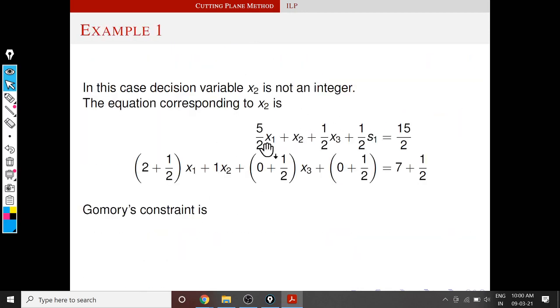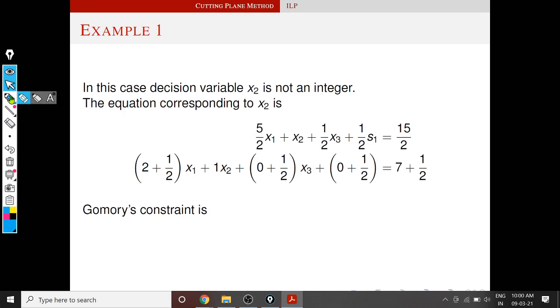Then we have to split in such a way that it is an integer plus a fraction. So this becomes 2 plus 1 by 2. This is 1 plus 0, no change. This is 0 plus 1 by 2, and this is 0 plus 1 by 2, equal to 7 plus 1 by 2.